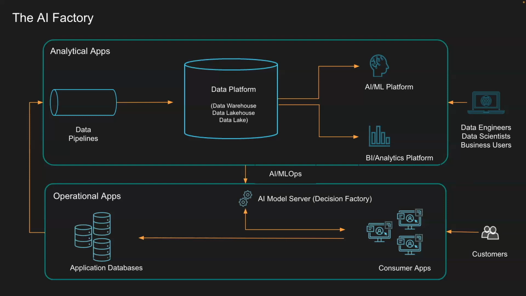For example, say you have a loan application that needs to figure out whether to approve or deny the loan. It can hit the AI model server based on the application data that the customer has filled out, and it gets a decision and serves the decision back to the customer immediately.